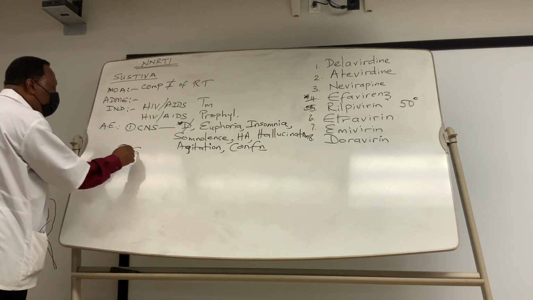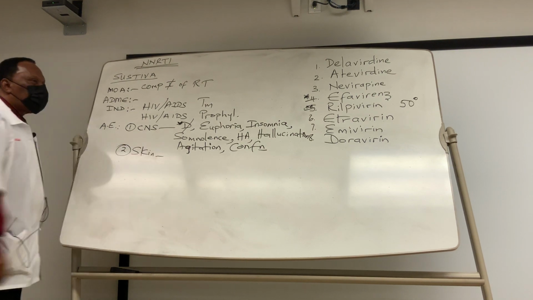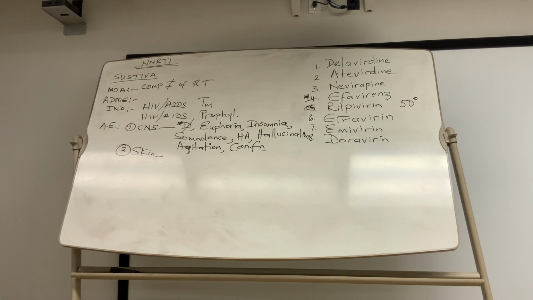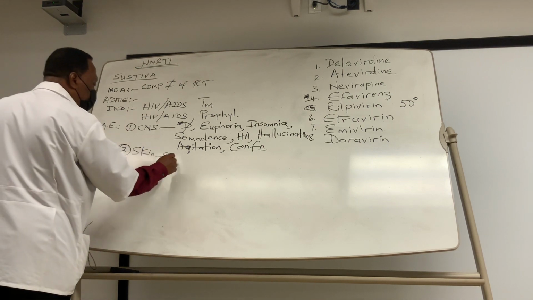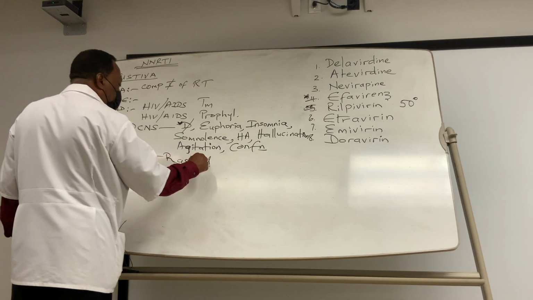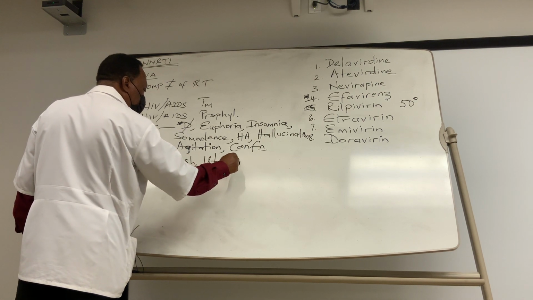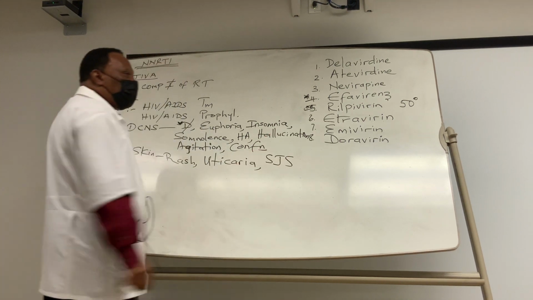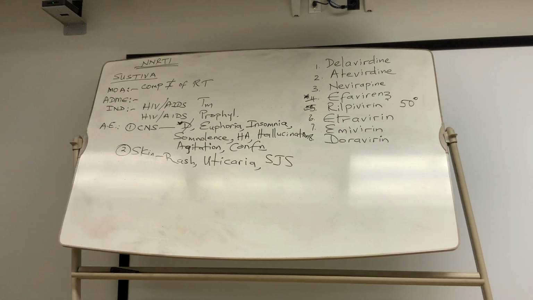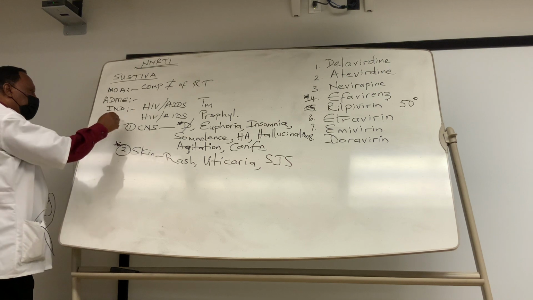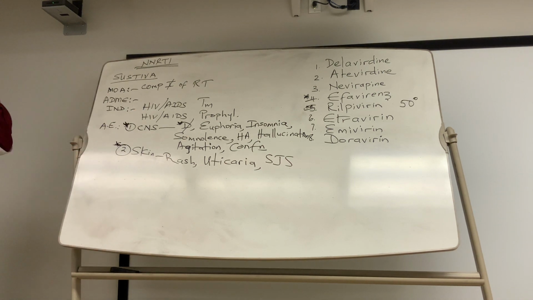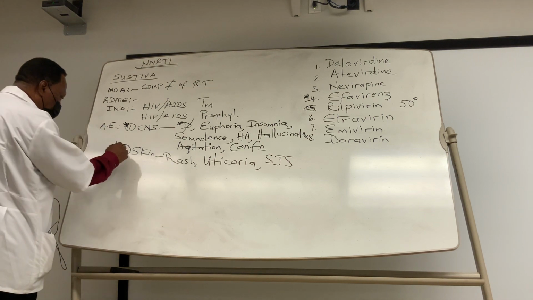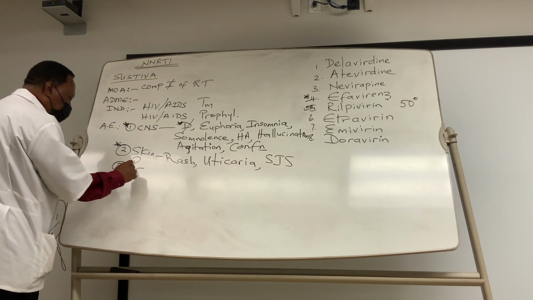And then two, on the skin, it can produce regular rash, of course, just the rash, hives or urticaria. It can produce all of that. It can produce even Stevens-Johnson syndrome. Okay, and like I said, CNS and skin, top two adverse effects of your Sostegel. Pancreatitis.